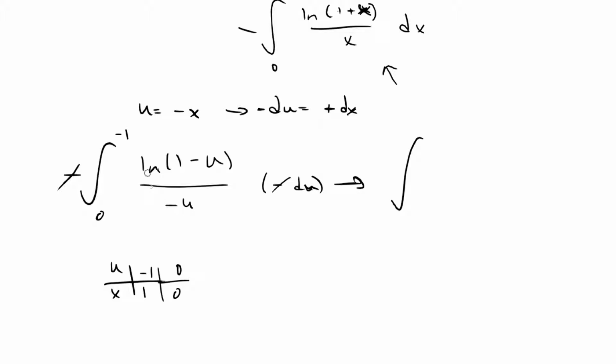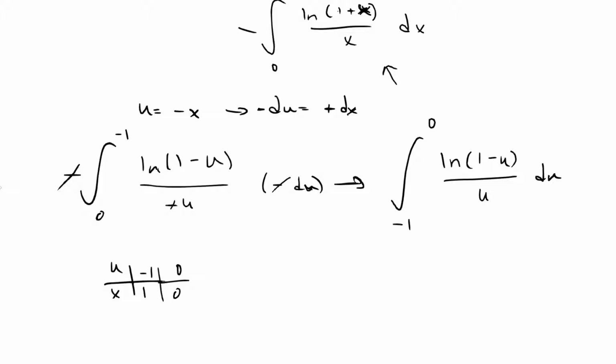And as you know, if we flip the bounds, then we get the negative of that. So what we'll do is go from -1 to 0, and that'll cancel out this negative, right? So now all we have left is ln 1 minus u over u. Alright? And this is du.